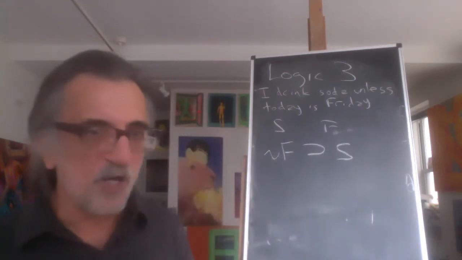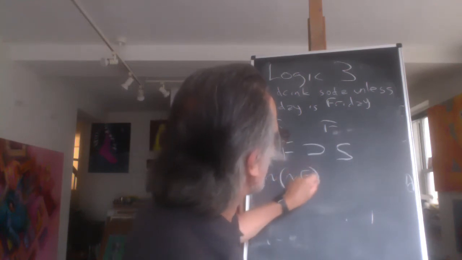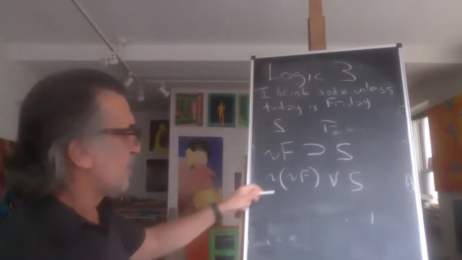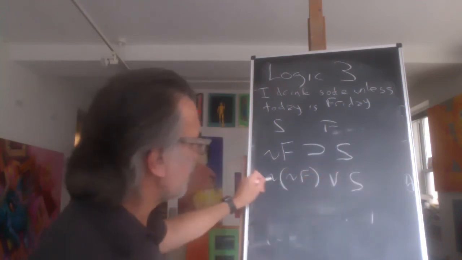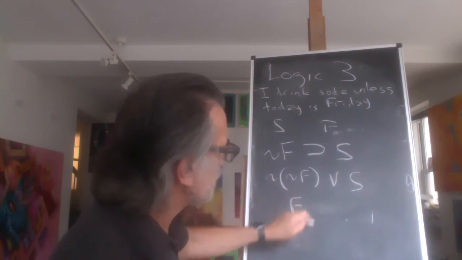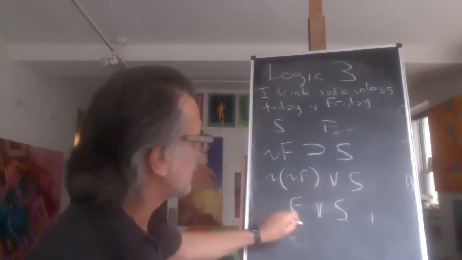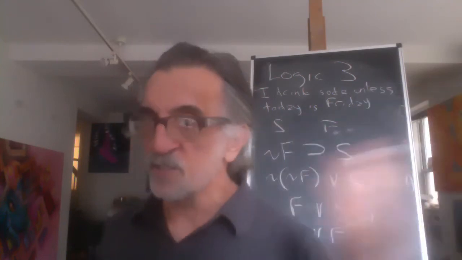But we just demonstrated using the truth table that this assertion is equivalent to the negation of the antecedent or the consequent. But the negation of a negation is just the assertion, F or S, same thing as S or F, because as you recall, disjunction is commutative, unlike the conditional.